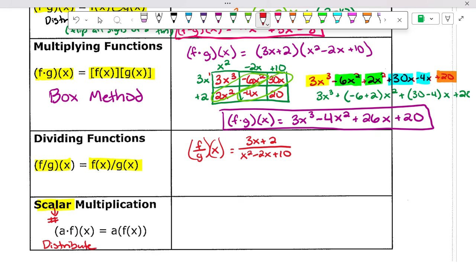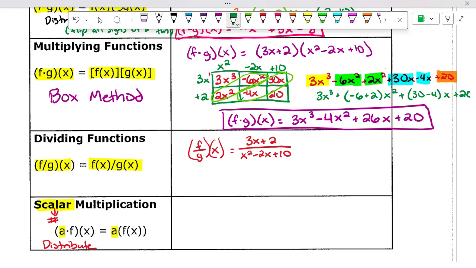So how this works is a is your scalar. So I'm going to do this with a number first, and I'll show you with a first. It's something that you've seen before, just in a different light. Because you've done distribution before. That's all it is.